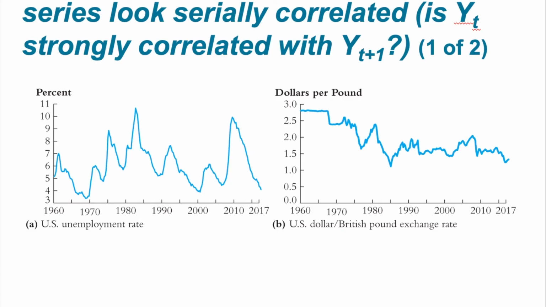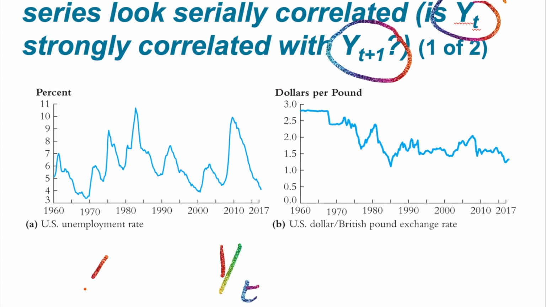Let's think about other economic time series. Do these series look serially correlated? Can you predict yt plus 1 based on the value of yt? Or can you predict the value of yt using the value of yt minus 1? And observe that with the unemployment rate and with the dollar to British pound exchange rate, you absolutely do have persistence.